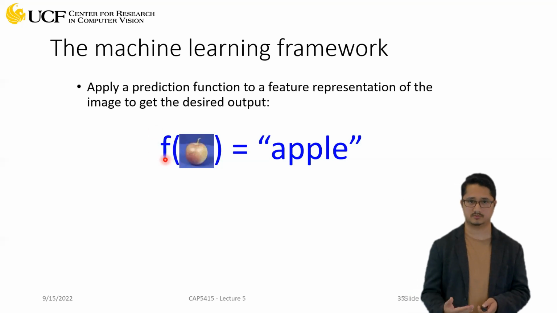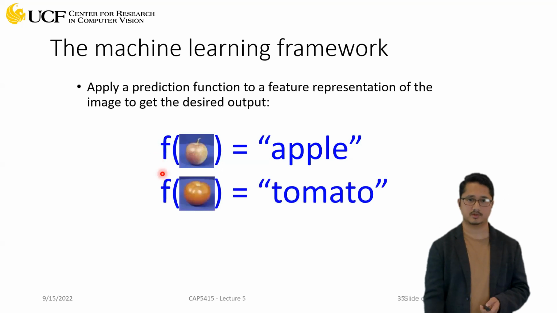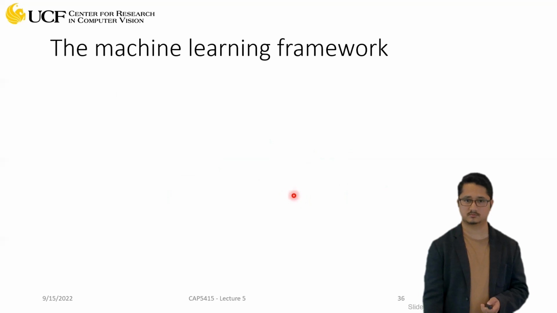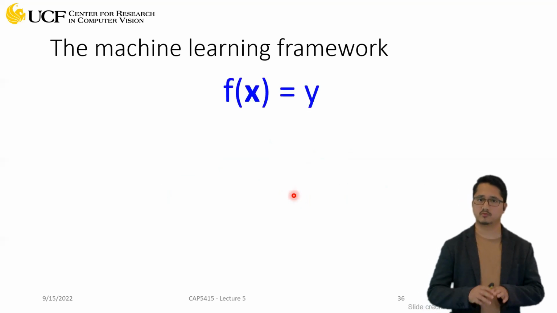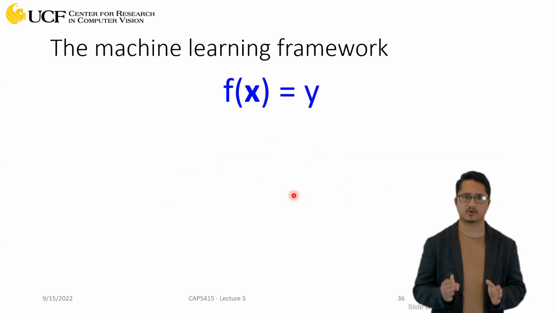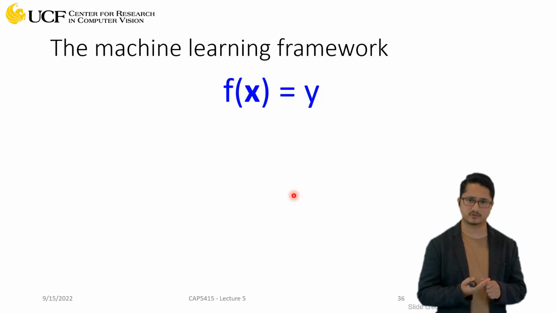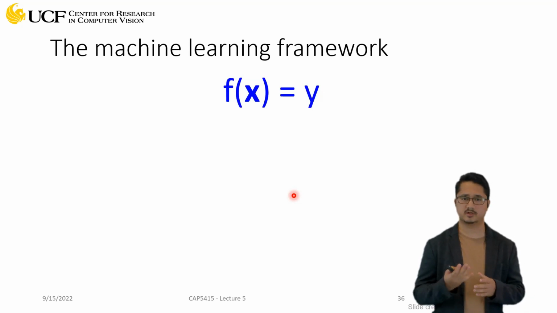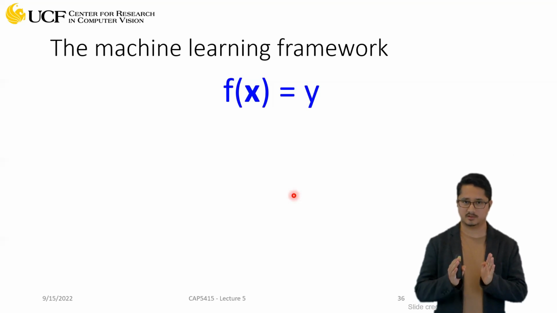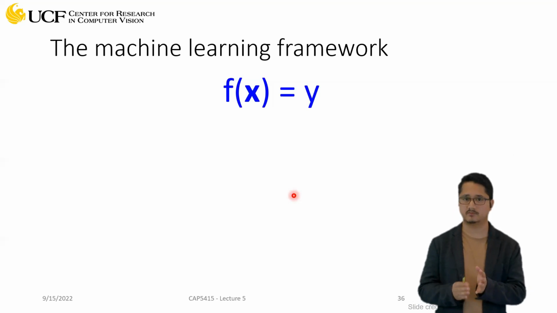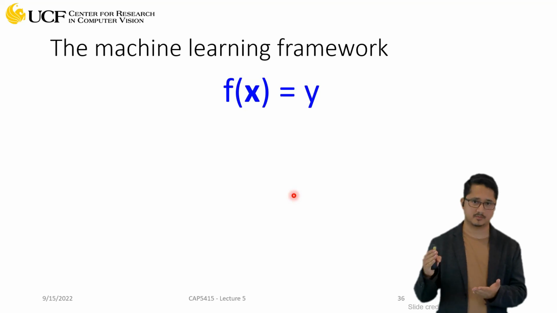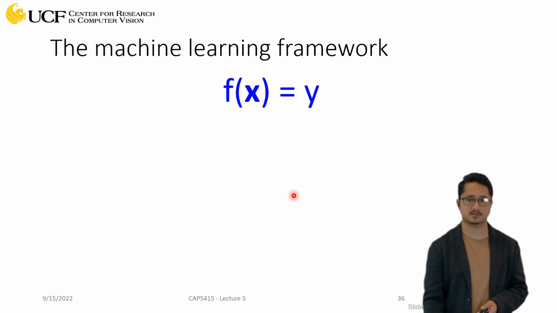It will always hold. If you give an image of a tomato, it's going to give you tomato. Whatever machine learning framework or model you have, whether it's a convolutional neural network, a recurrent neural network, or just a very simple MLP, you can say that it's a function which takes some input and predicts some output. Okay, so that's a very generalized form.